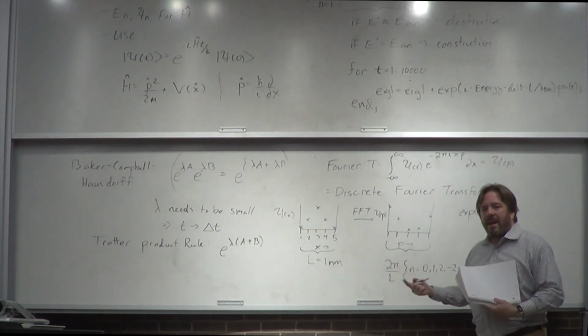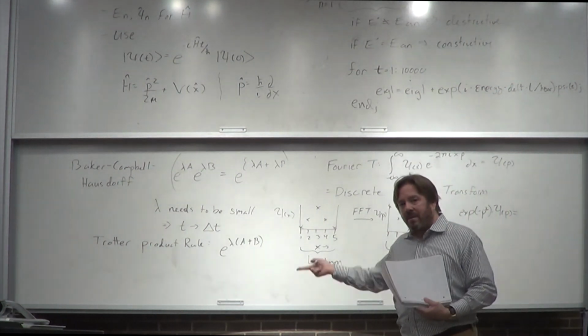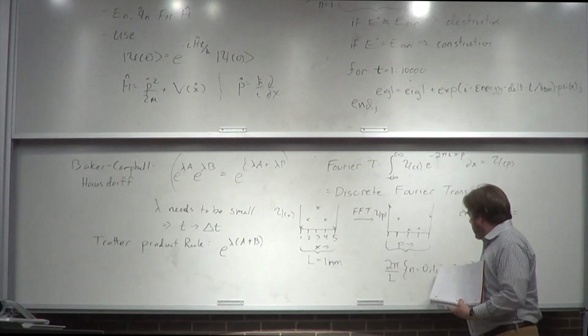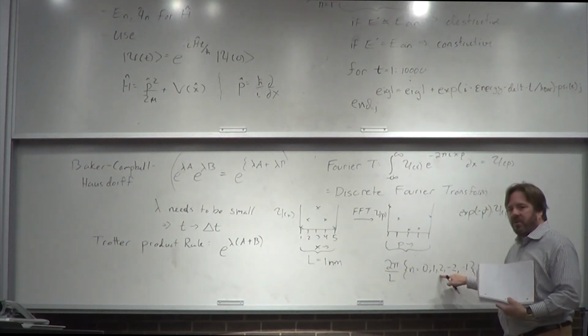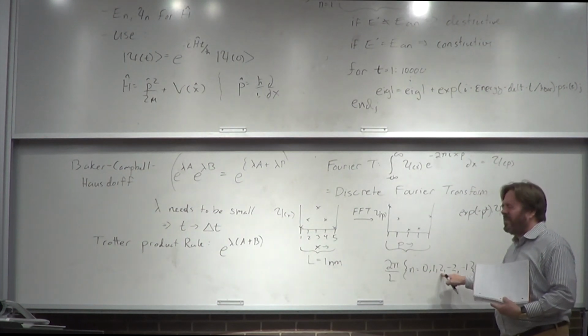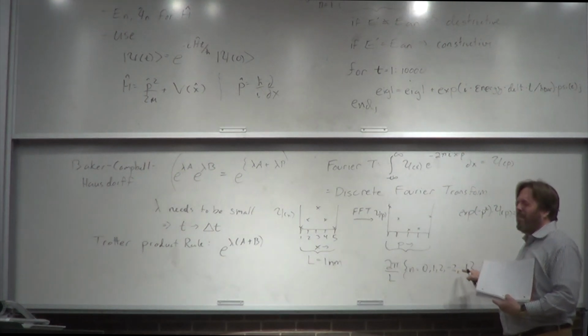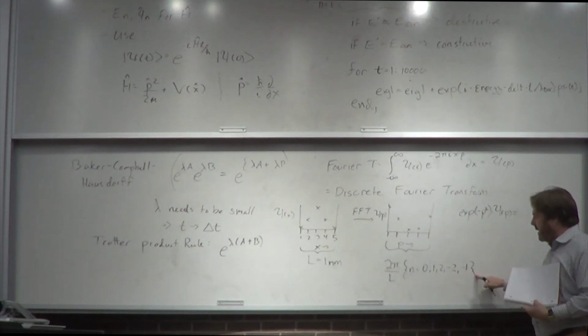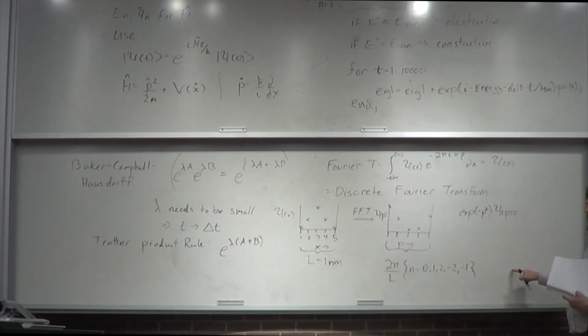Anyway, now imagine if it was 1,000 data points: 0, 1, 2, up to 500, forward, then minus 499, minus 498, minus 497, minus 496, to minus 1.